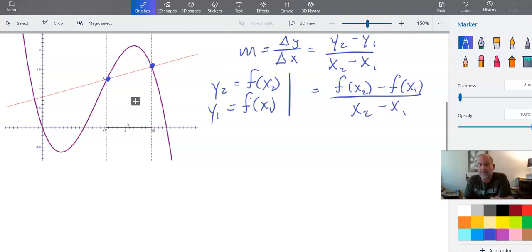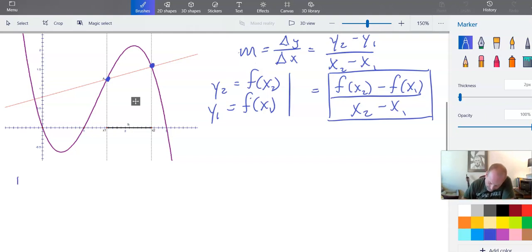Now the average rate of change can be computed using this formula. Or, excuse me, not the instantaneous, the average rate of change over an interval, right?